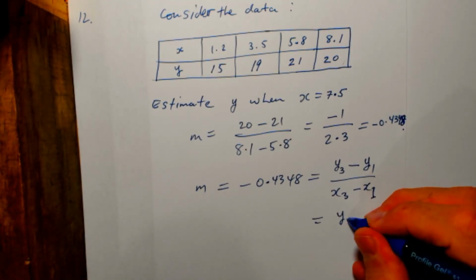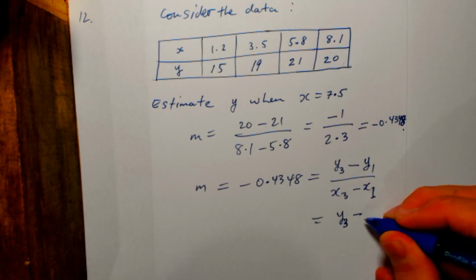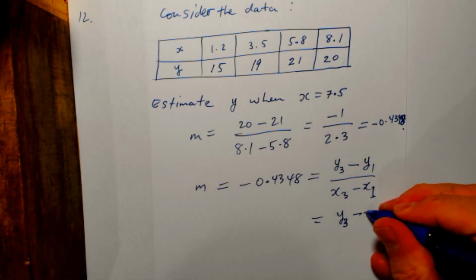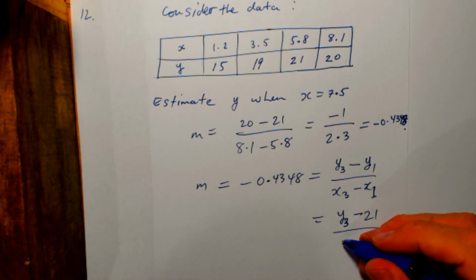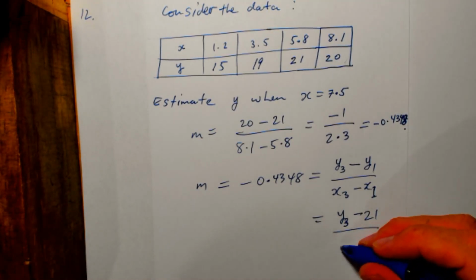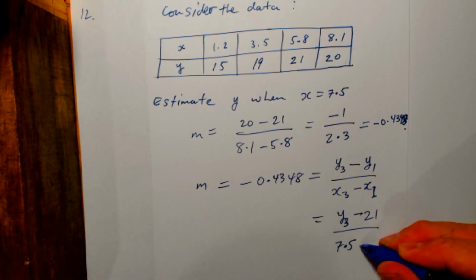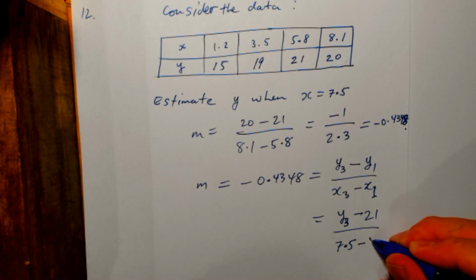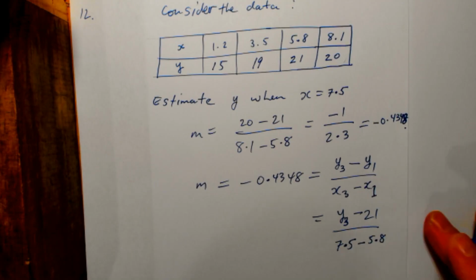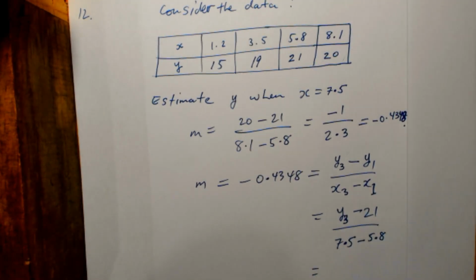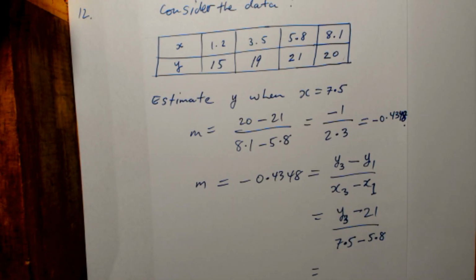So y3 minus y1 I've chosen as 21 over x3 we have as 7.5, and then minus y1 was 5.8. Okay, now 7.5 minus 5.8 is 1.7.